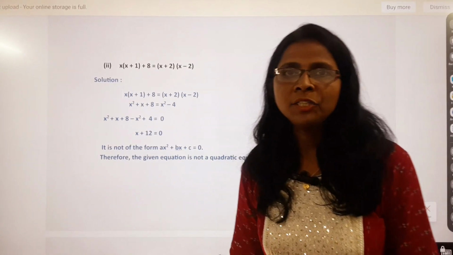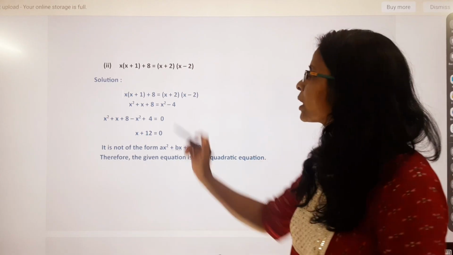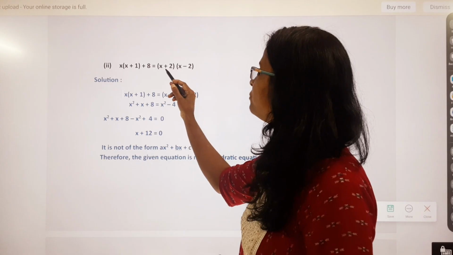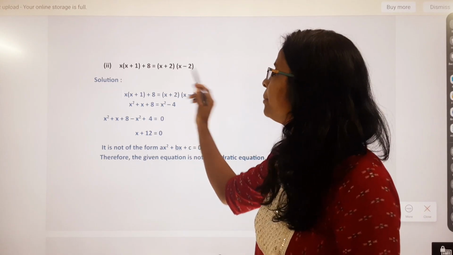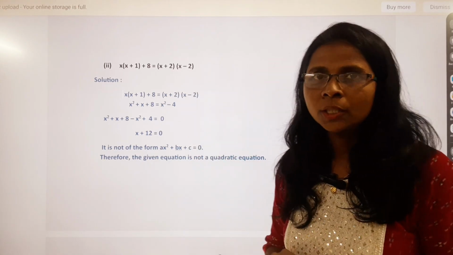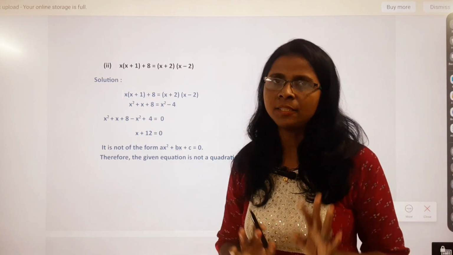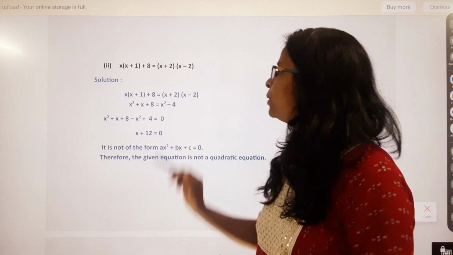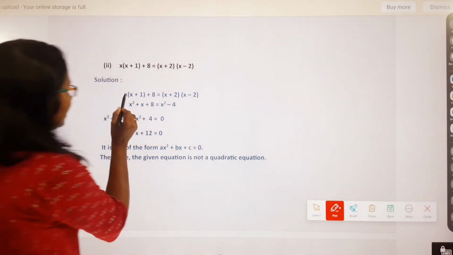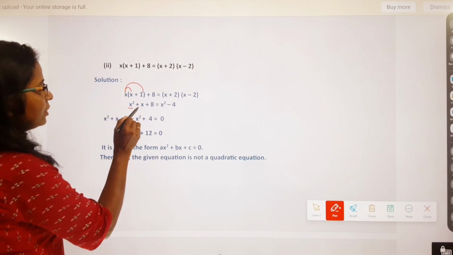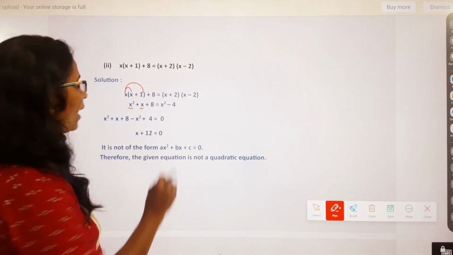See the second example. x into x plus 1, plus 8, is equal to, in the first bracket x plus 2, in the second bracket x minus 2. Now first simplify this equation. x multiplied by x is x square, x multiplied by 1 is x, and then plus 8.